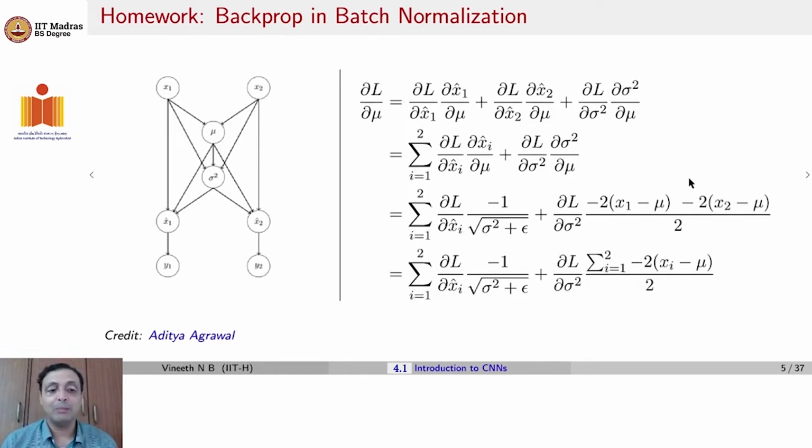Similarly, we have ∂L/∂μ, which is ∂L/∂x1 hat into ∂x1 hat/∂μ, plus ∂L/∂x2 hat into ∂x2 hat/∂μ, and also ∂L/∂σ² into ∂σ²/∂μ.